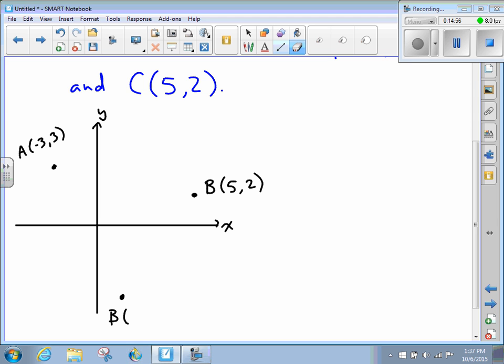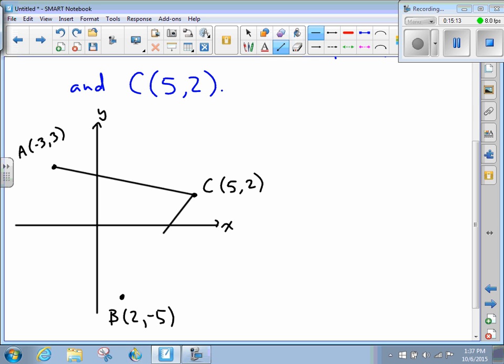This is C. So let's make a triangle with the magic of a circle. Now the median that comes from vertex C means that it starts here.